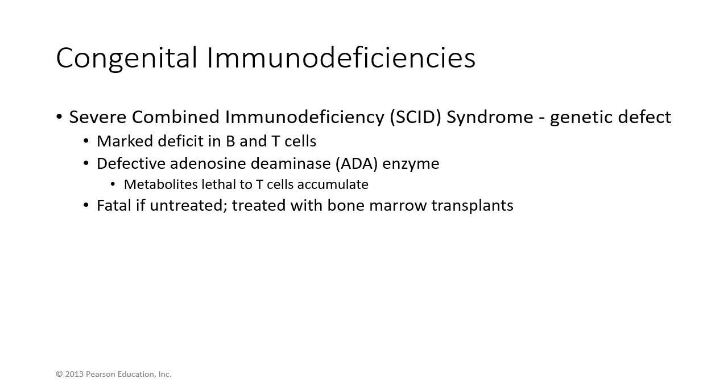There's a problem with adenosine deaminase. It's an enzyme that enables metabolites to develop that are lethal to T lymphocytes. And this is what happens in this case, but the cells don't develop. And it's fatal if untreated, but like I said, bone marrow transplants have been very helpful.